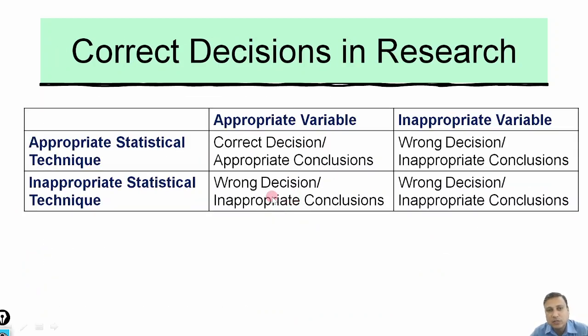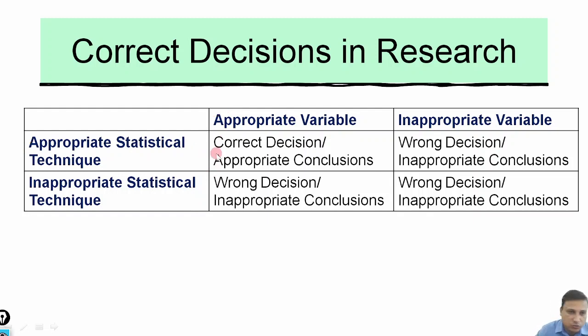Now let me take you to the correct decision in research, the last question. Fine. So if we apply the appropriate statistical technique for the appropriate variable, then we are committing the correct decision and will get the appropriate conclusions.